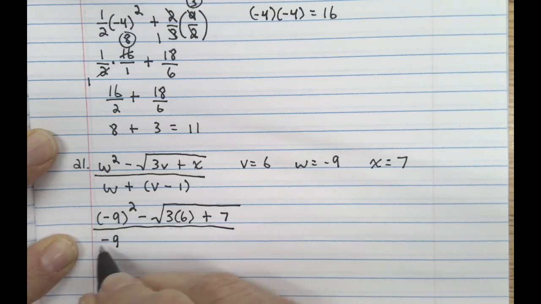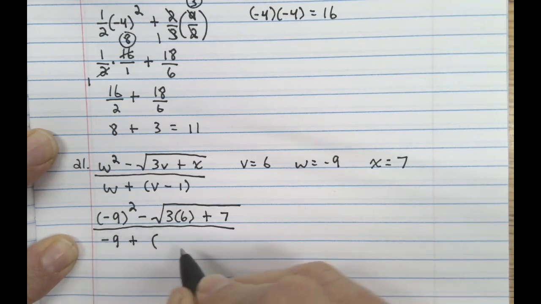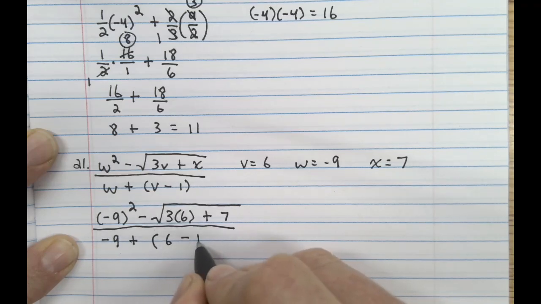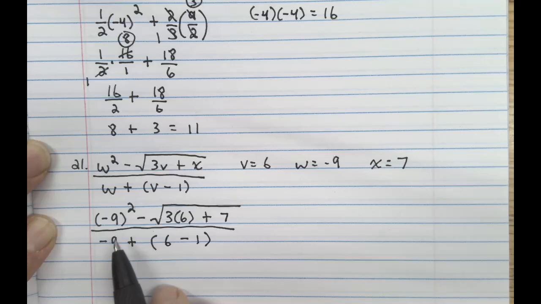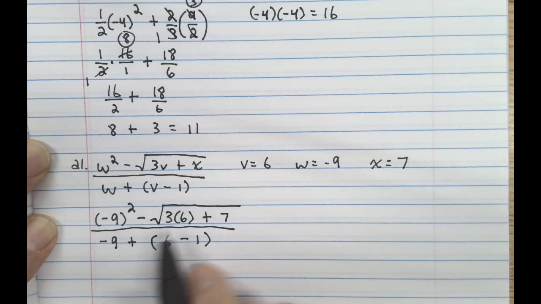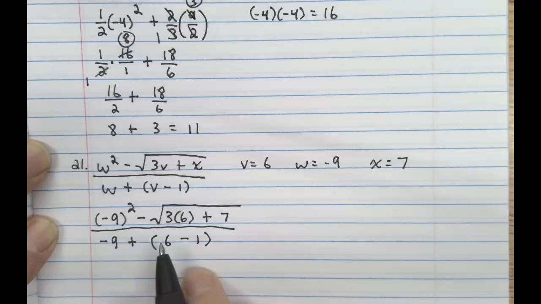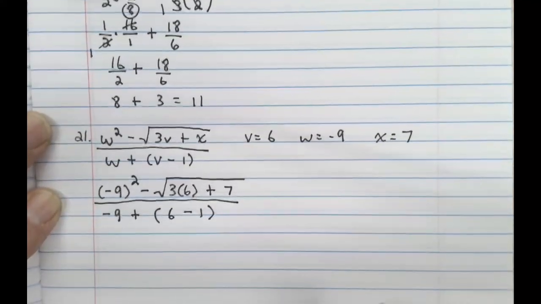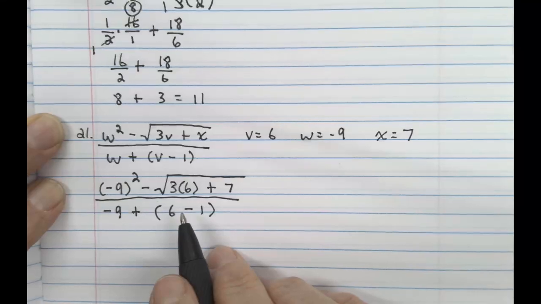Here, since it's by itself, I guess I won't do parentheses, plus 6 minus 1. Okay, now all I did on that step is I didn't do any math really. I just took the information they gave me and plugged it in, and again, I would recommend doing this. Some of you try to work too fast, you make some silly mistakes.